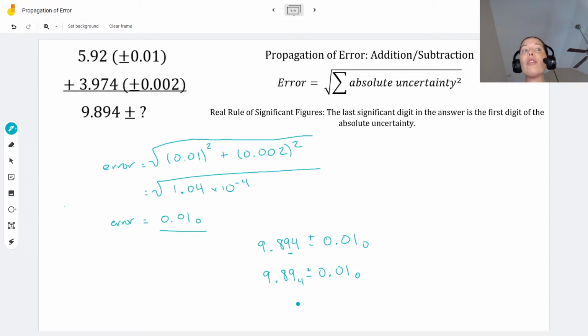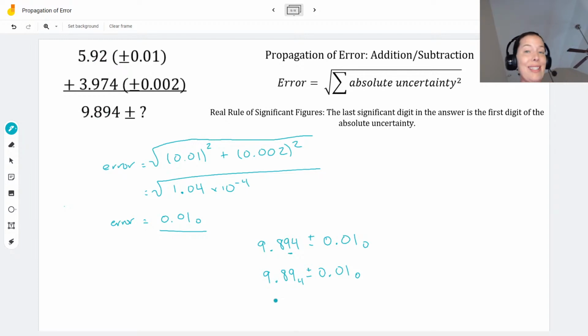Now, our general rules for sig figs are a great place to start, and usually you will find that where you round based on your error is often where you would round based just on your rules for sig figs. If I look at this problem initially, using my rules for addition and subtraction for sig figs, I would look for the number with the fewest decimal places. That would be the 5.92. That's two decimal places, which would give my answer two decimal places.